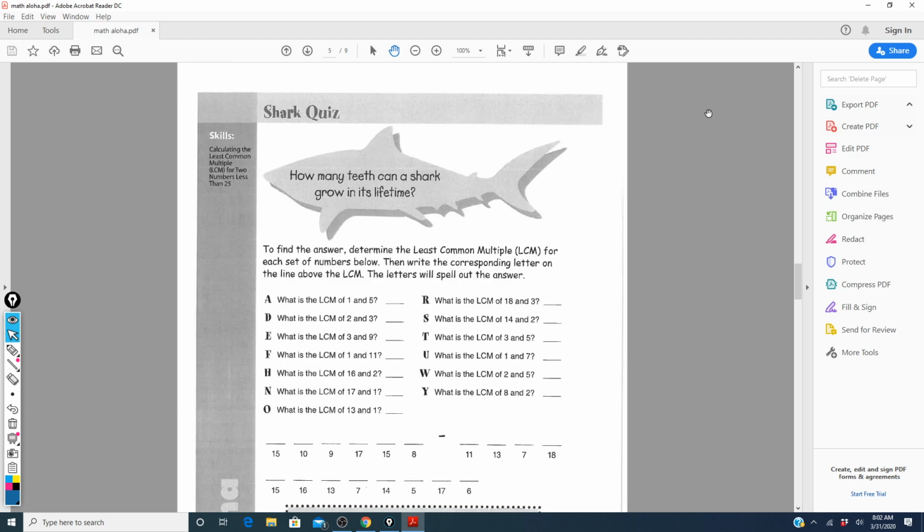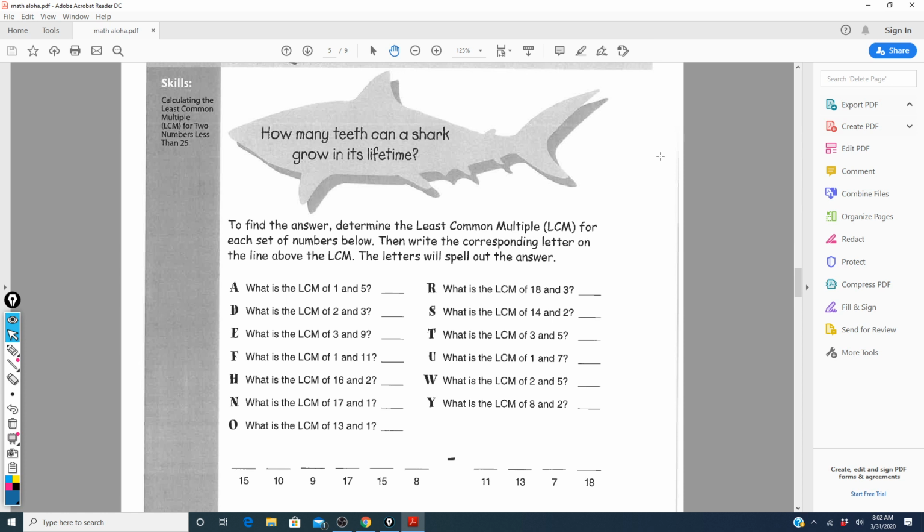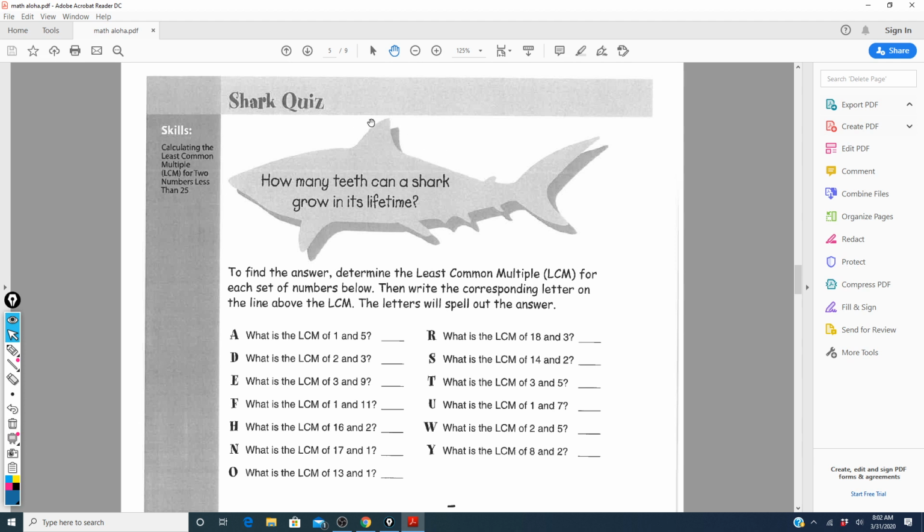With this shark quiz, or however you want to call it, all this is doing is dealing with least common multiple.